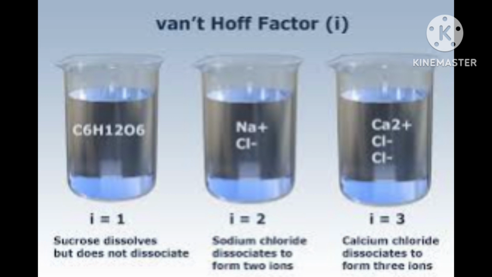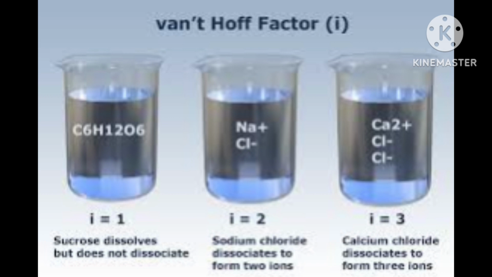Now I can tell it in terms of colligative properties also. It will be the reverse of normal molar mass divided by abnormal molar mass, which means observed colligative properties divided by calculated colligative properties.